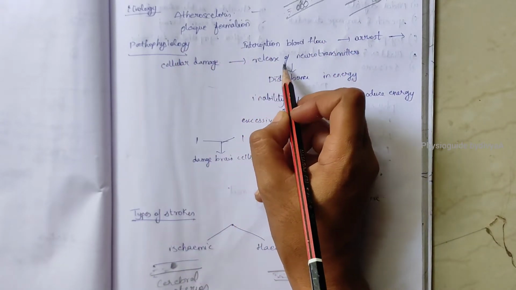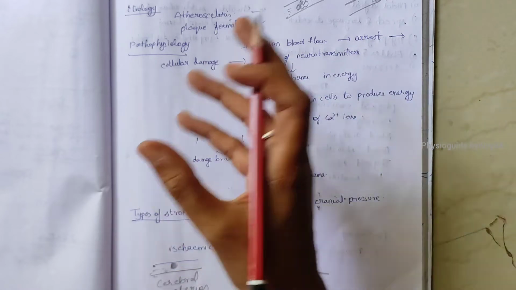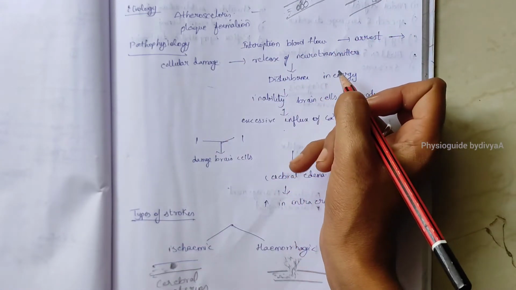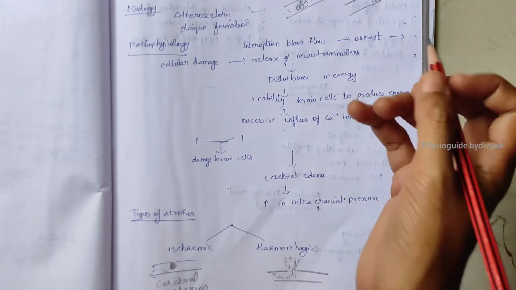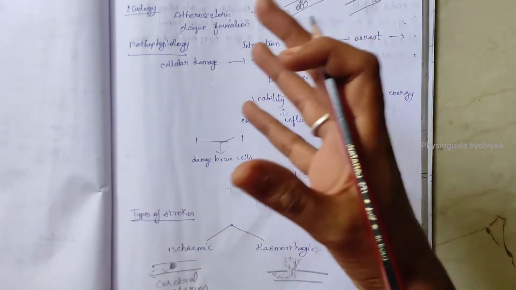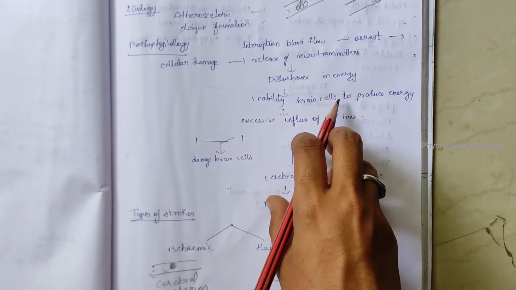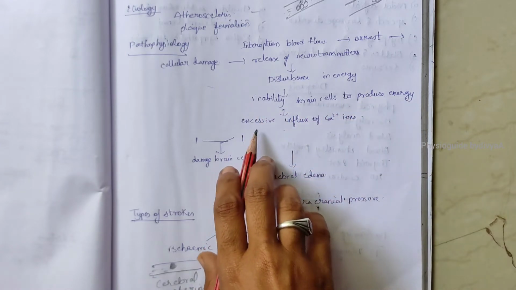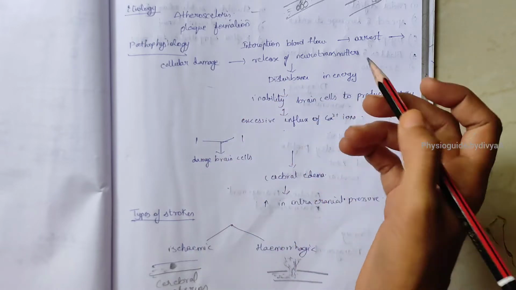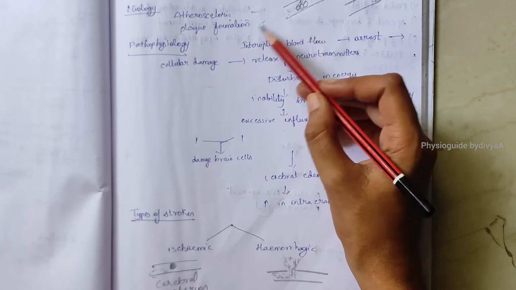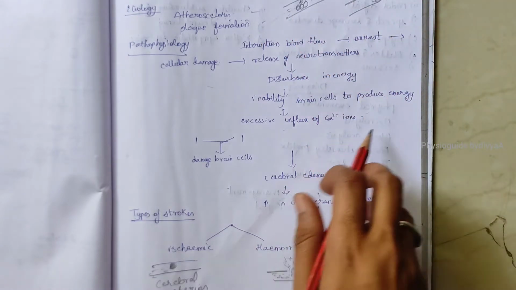Next, excess release of neurotransmitters, and disturbance is seen in the energy metabolism, because energy can't be produced properly. Next, there is inability of the brain cells to produce energy. Next, there will be obstruction, so excess influx of calcium ions causes pump failure here.